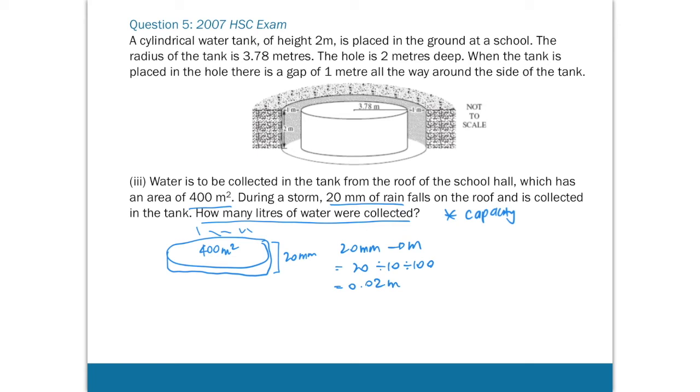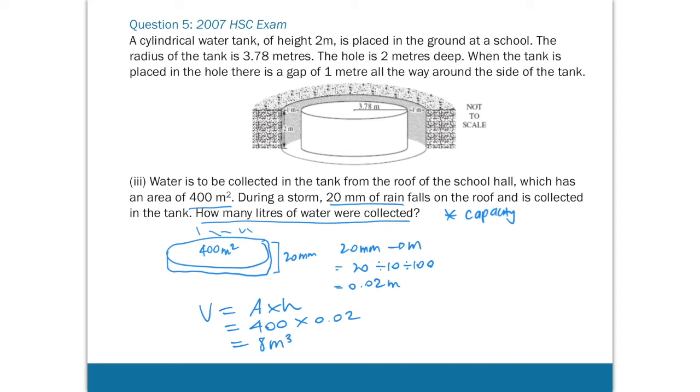Okay, so therefore to work out how many litres of water was collected, the volume is A times H. So the area was 400 and the height was 0.02. So we put that into our calculators and we get 8 metres cubed.